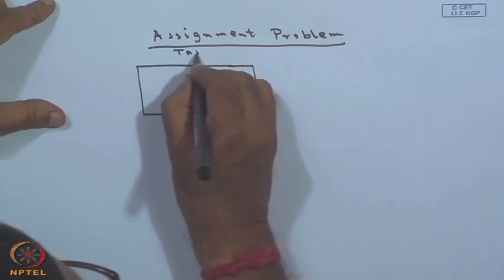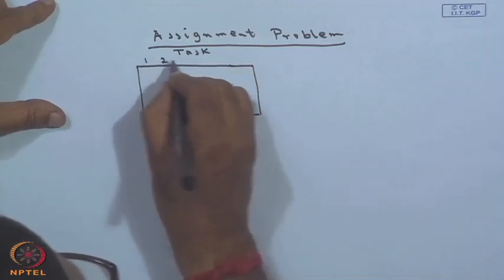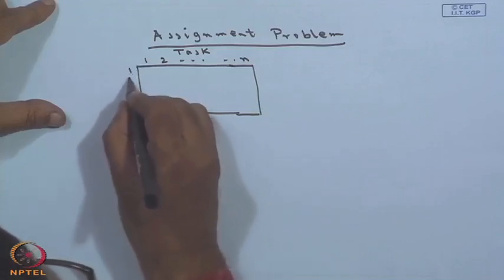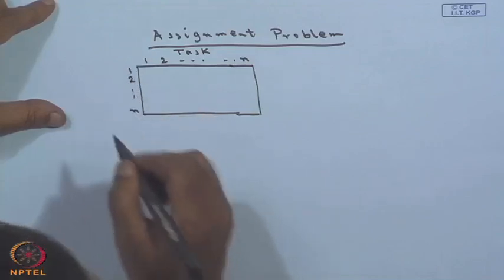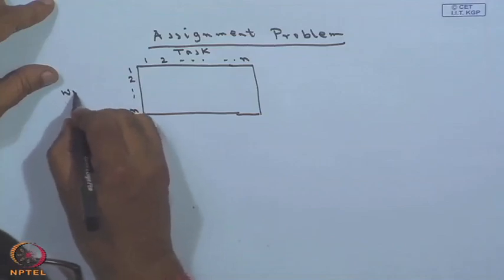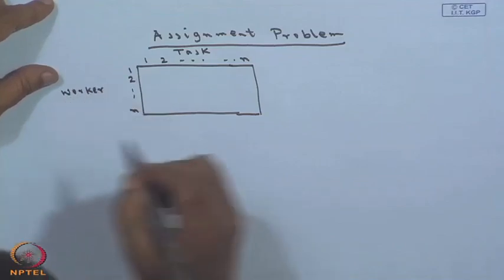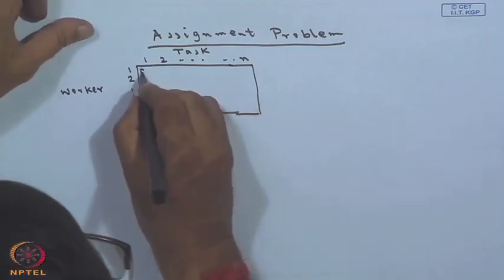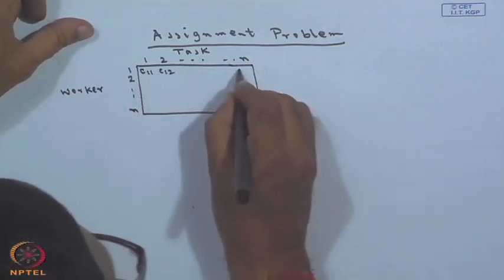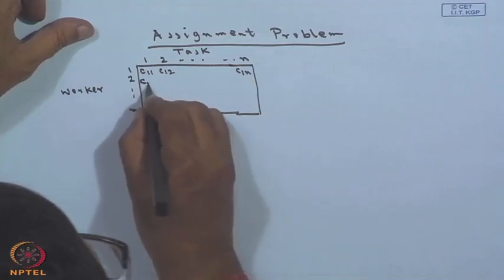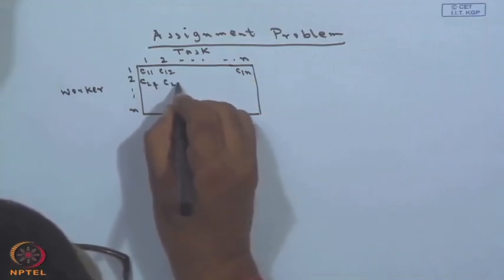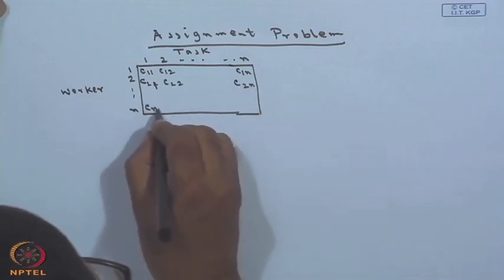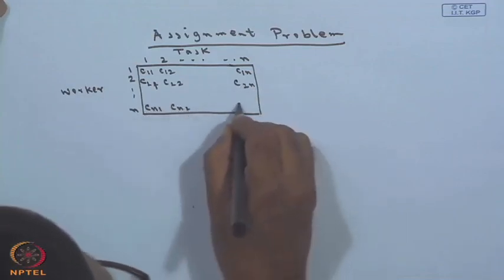I am calling these task 1, 2, and so on; you have n tasks. Similarly, you have n workers. The associated costs I am writing as C11, C12, C1n, C21, C22 and C2n, Cn1, Cn2, and so on, up to Cnn.